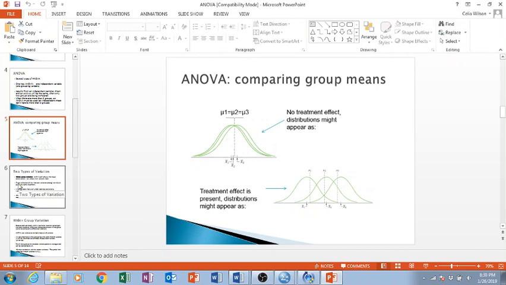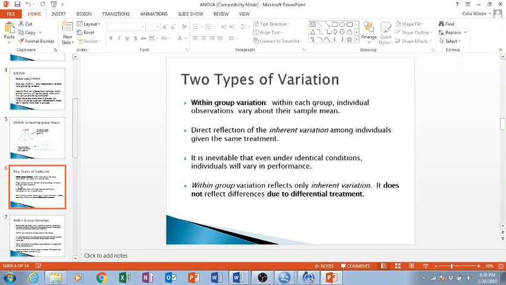All right. In ANOVA, what we're doing is comparing a couple of different types of variation or variance. And those types are within group and between group. So let's talk about within group first. Imagine if you are comparing 3 groups.